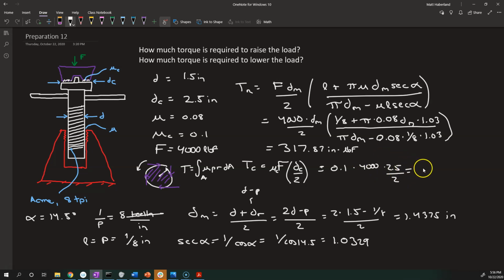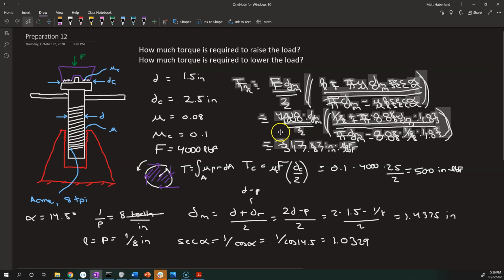So we actually have more friction coming from the collar than from the threads themselves. Sometimes to reduce friction in power screws, they put thrust ball bearings at the collar interface, and maybe even balls inside the screw so that there's rolling instead of a sliding action. We're not going to analyze that separately. You could just think of that as a low coefficient of friction.